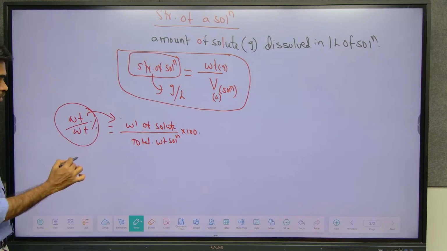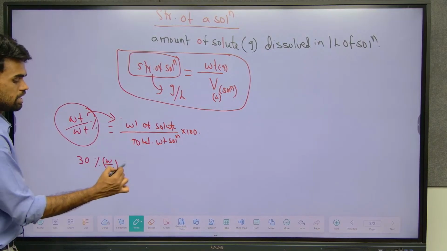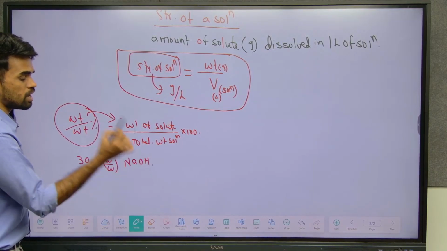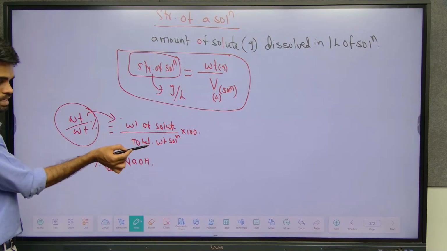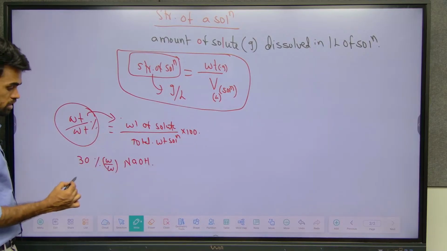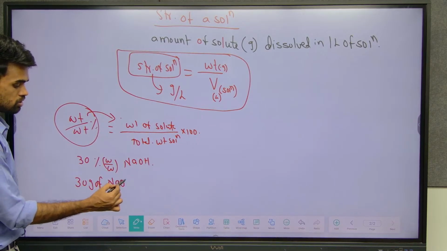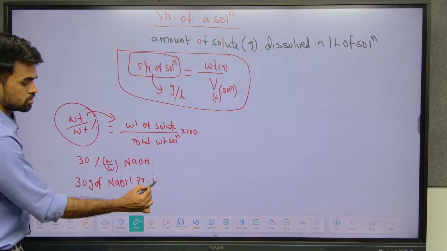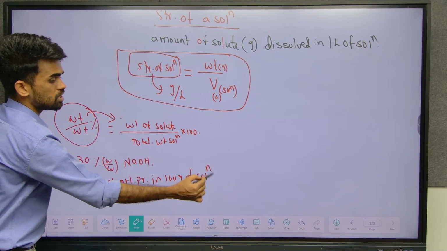And one more thing. For example, I am saying 30% weight by weight NaOH. What does it mean? Tell me fast. See, weight of solute present in total weight of solution. So 30 grams of NaOH present in 100 grams of solution.